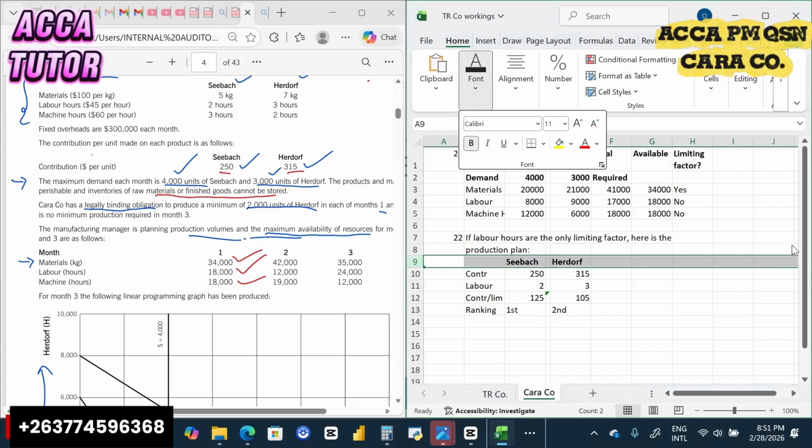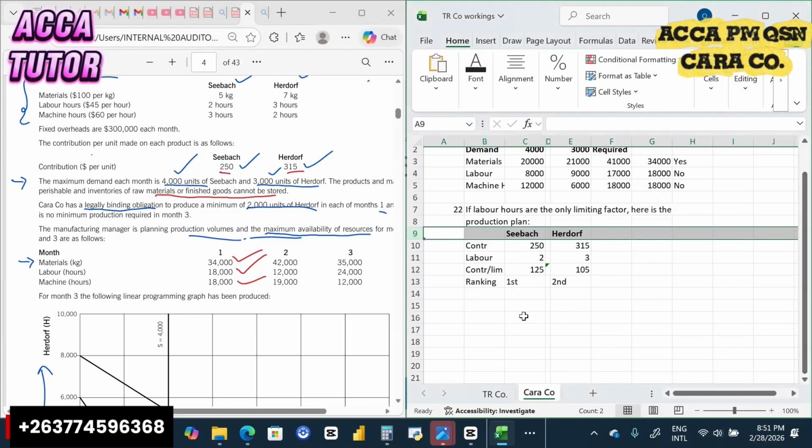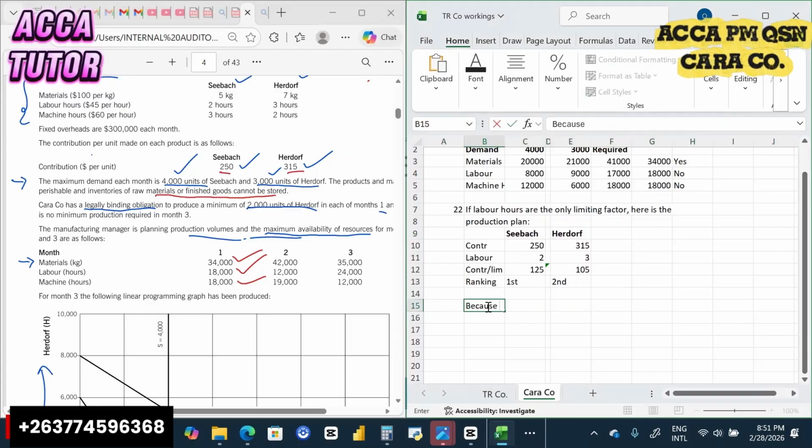But because there is a contract, because of the binding contract, the binding obligation, we start with 2,000 head off.